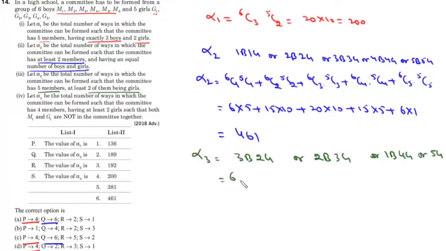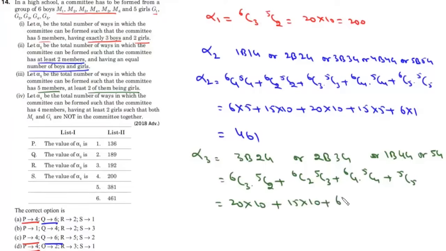Now this is 6C3 into 5C2, 6C2 into 5C3, 6C1 into 5C4 plus 5C5. Now this is 20 into 10, this is 15 into 10, and this is 6 into 5 plus 1, which is 381. So this R matches with 5.